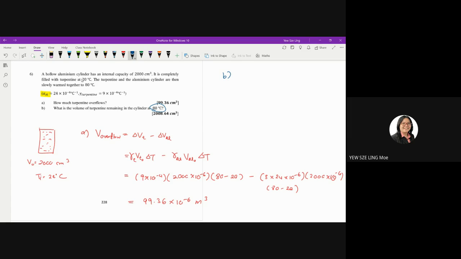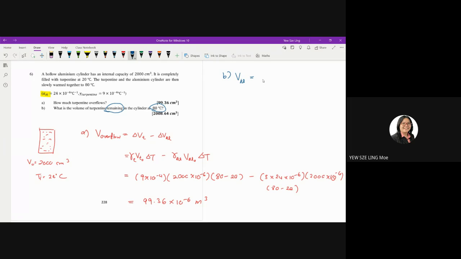So the additional liquid is overflow. It flows out from the container already. Therefore, the remaining liquid should be equal to the final volume of the cylinder.